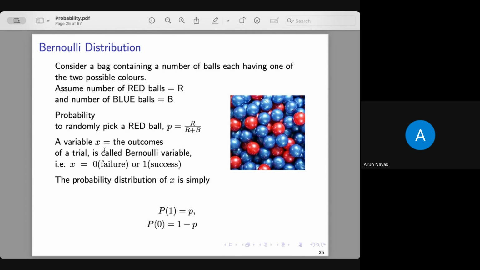If I pick a blue ball, that's my failure, 0. The probability of getting 1 is p, to pick the red ball, and the probability of getting 0 is 1 minus p. So that's the Bernoulli distribution, which takes only two values, 1 and 0, with these probabilities.